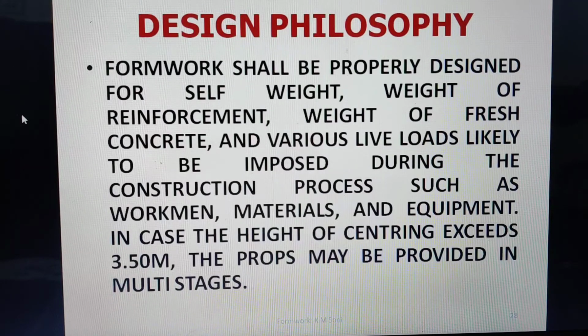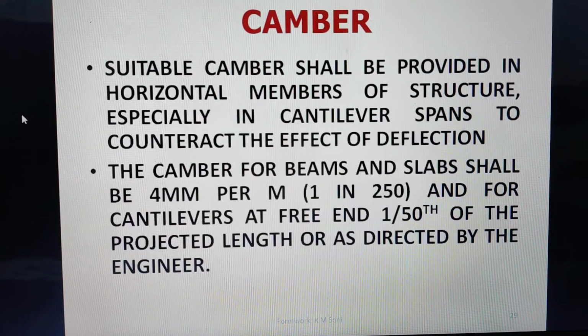It is also said that in case the height of centering exceeds 3.5 meter, the props may be provided in multi-stages. And then camber: suitable camber is to be provided in horizontal members, especially in cantilever spans, to counteract the effect of deflection. So this is also given in codes and also BOQ specifications that should be followed.